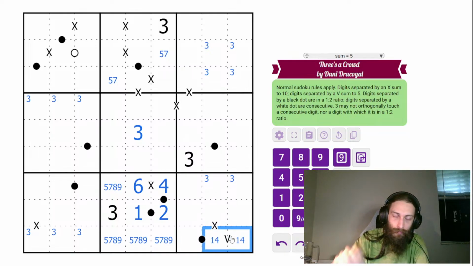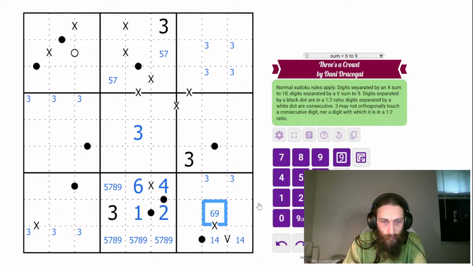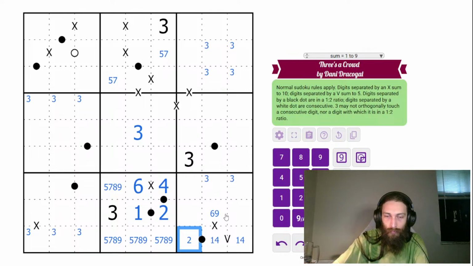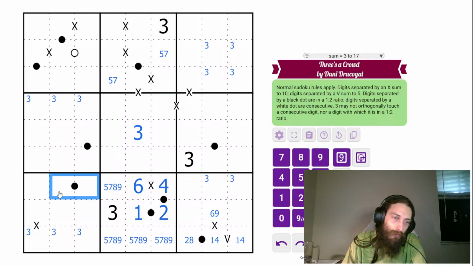That's true. This has to be 2 or 8, because a 1 or a 4 compare with 2, and 4 compare with 8. Four's in the middle of.